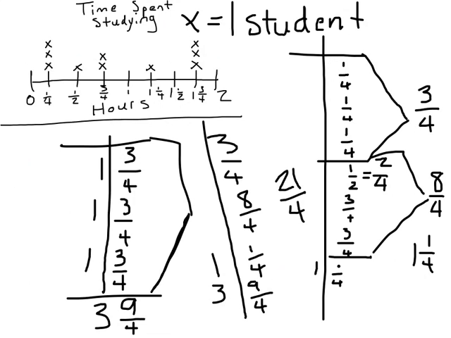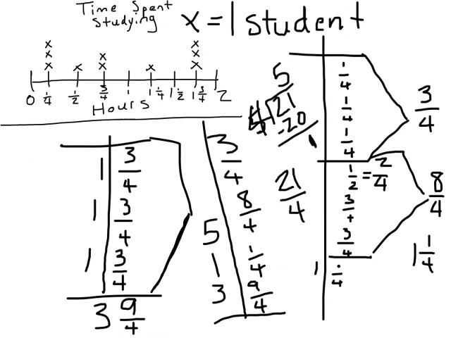I know that can't stay on my fraction side, so I'm going to divide 21 divided by 4. How many times does 4 go into 21? 4 goes into 21 5 times. 5 times 4 is 20. When I subtract, I have 1 left over. 5 is going to go to my whole number side, and I have 1/4 remaining as my fraction.